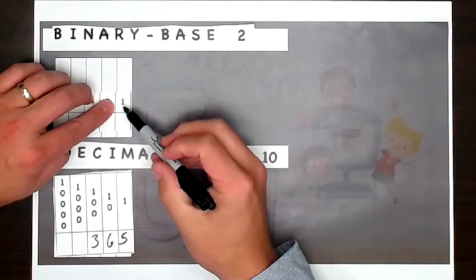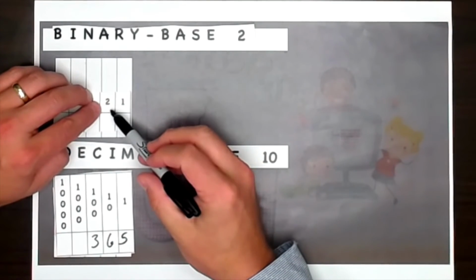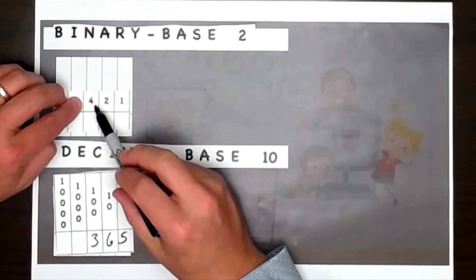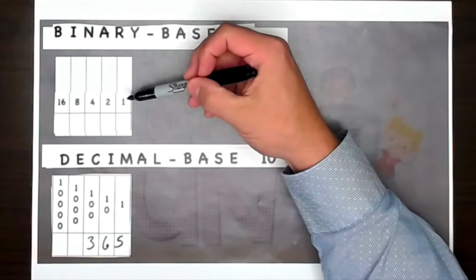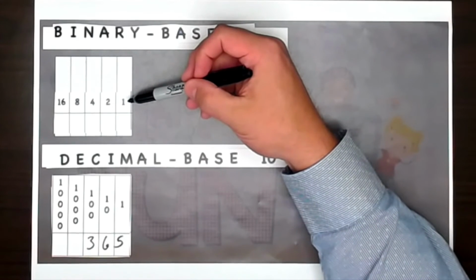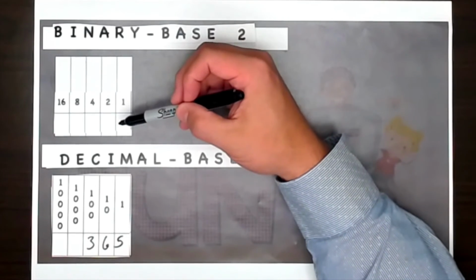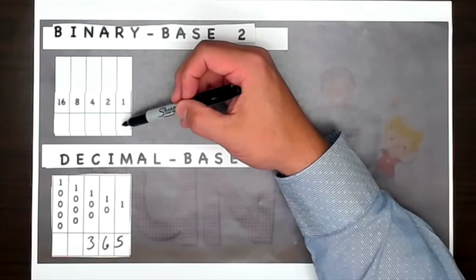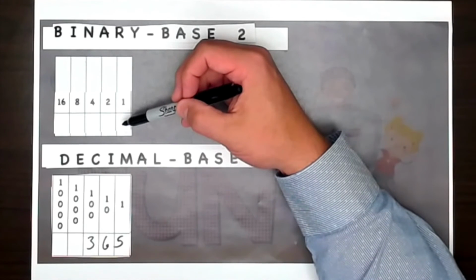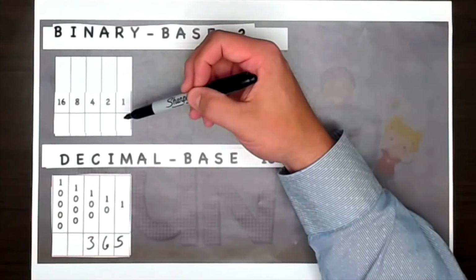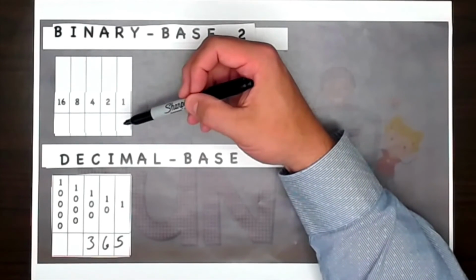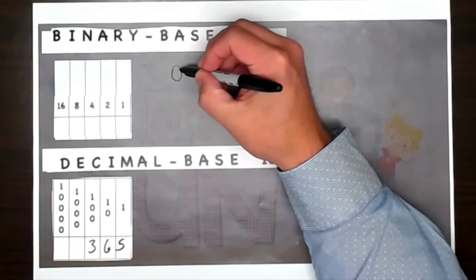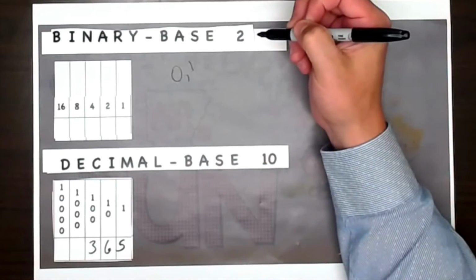We still have the ones place, but then we go to the 2, and then the 4, and the 8, and so on. Like in decimal, the first spot is the ones place, meaning whatever is in this placeholder is just multiplied by 1, or it's just itself. But this can only be 0 or 1 in binary, because remember, in binary, we only have 0 or 1 as numbers.